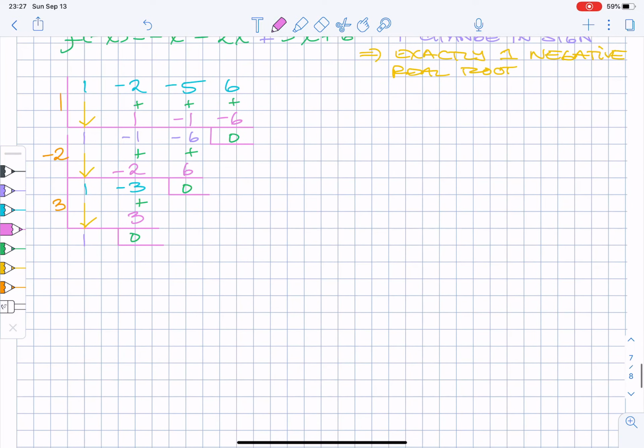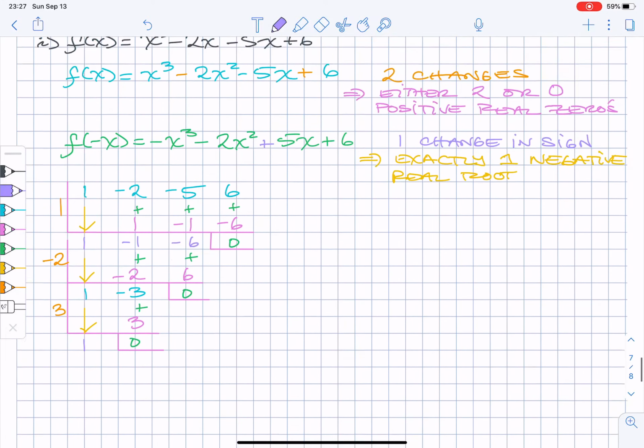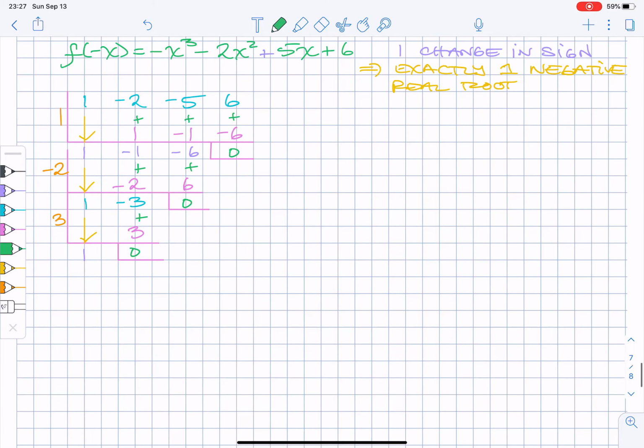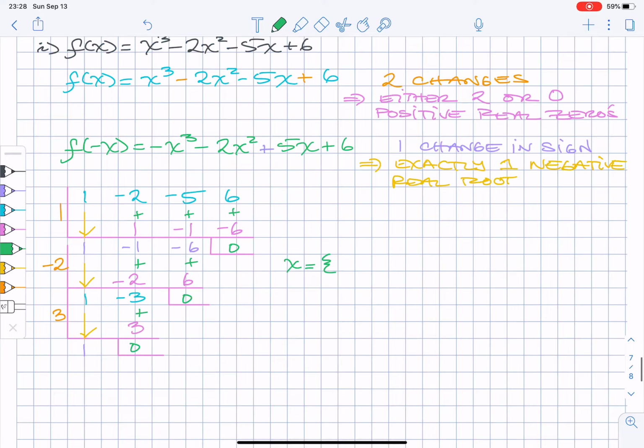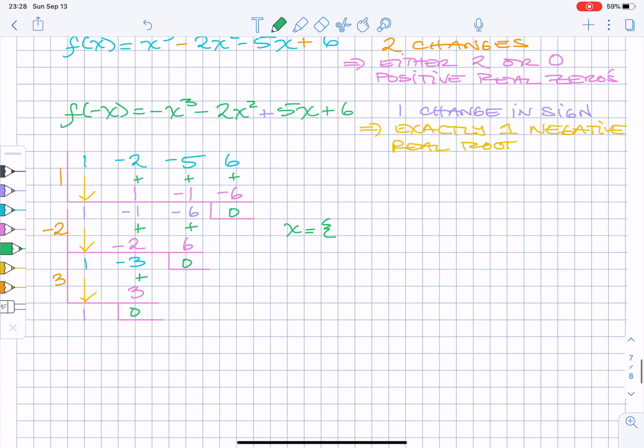So what's interesting about this is as follows. So I claim that my roots are going to be 1 and 3, and then negative 2.